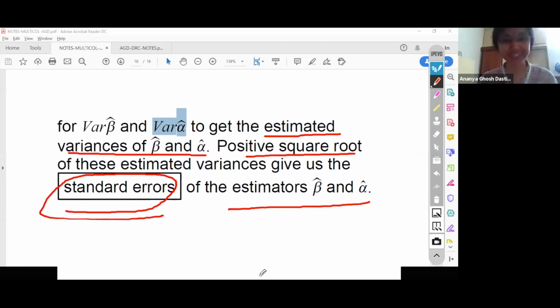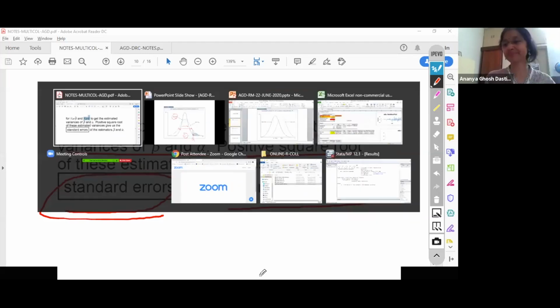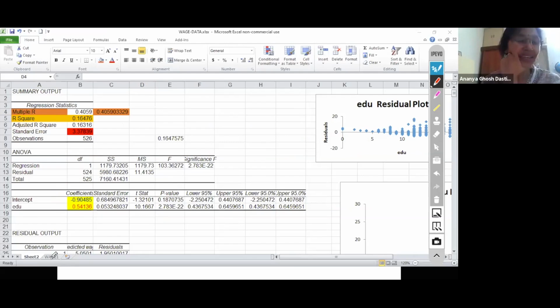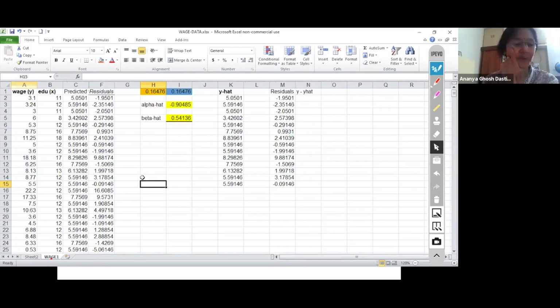Here you go. Here you are. Okay, right. So what is it that we are talking about? We are talking about some data on a dependent variable, wage, and an explanatory variable, education.